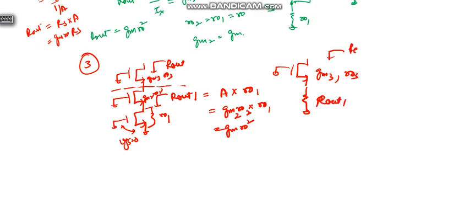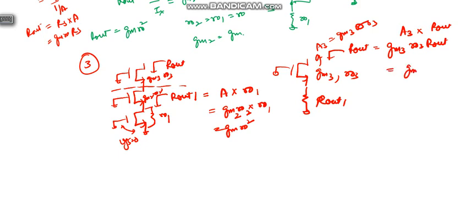So here Rout equals gm3 RO3 times Rout1, or A3, so A3 equals gm3 RO3, into Rout1. So Rout equals gm3 RO3 gm2 RO2 into RO1, or gm cube RO cube.